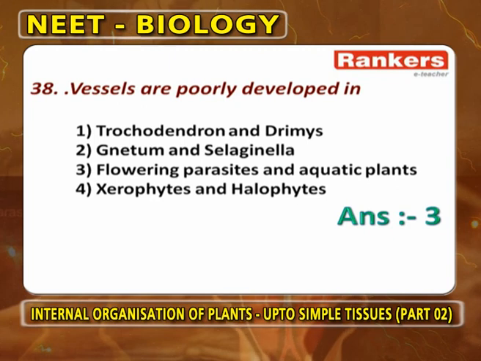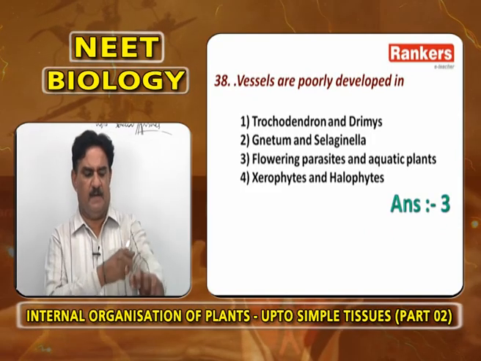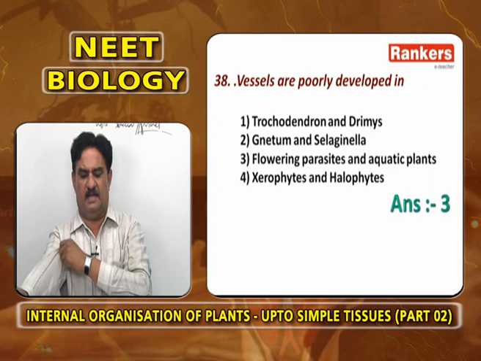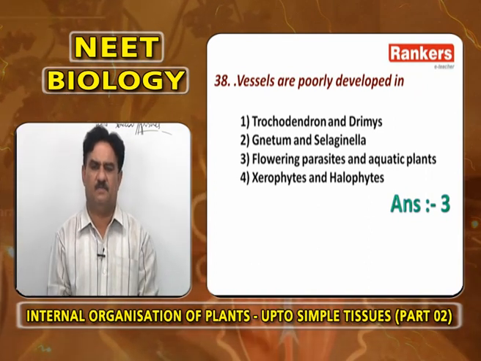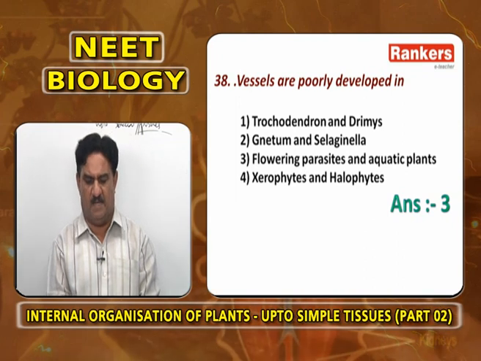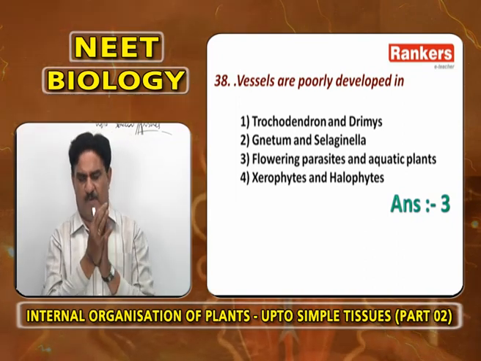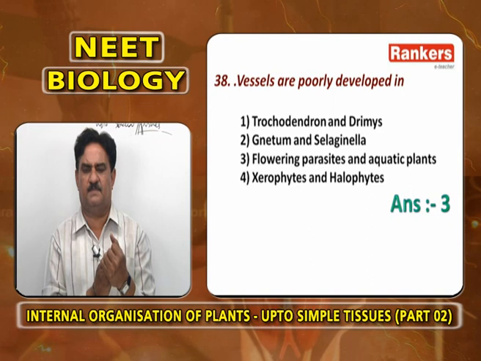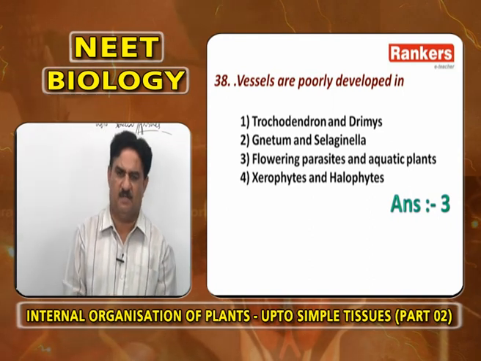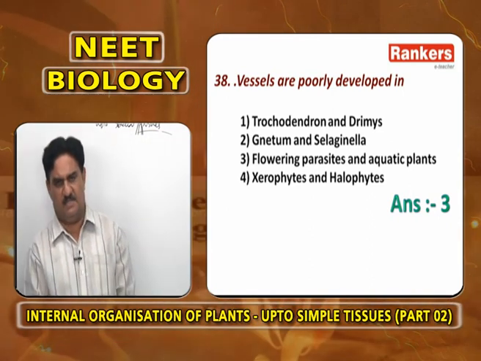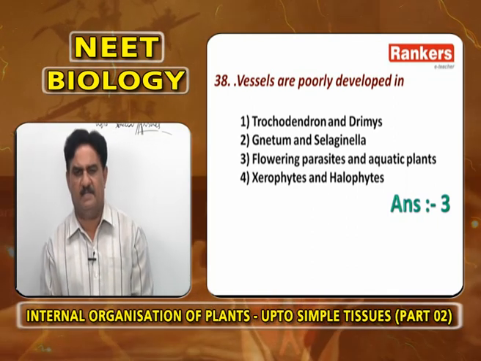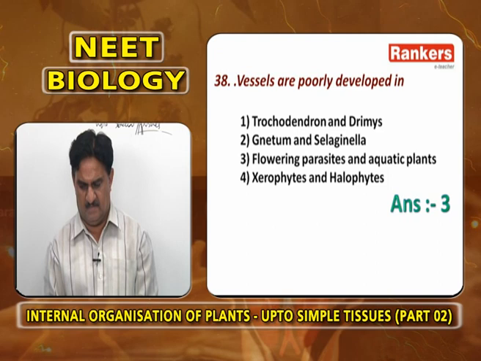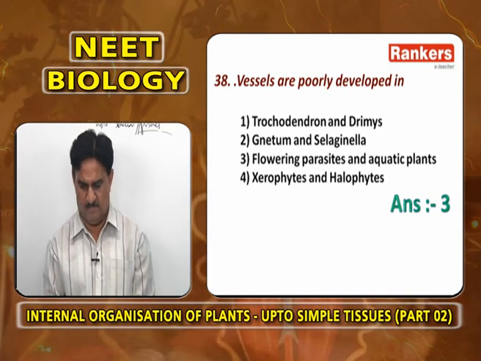Xylem vessels are poorly developed in flowering parasites, complete parasites and aquatic plants. In parasites the plants depend on the host and collect food through haustoria, so there is no necessity of xylem. An aquatic plant itself lives in the water, and water is absorbed by the general body surface by diffusion. They also do not require any xylem vessel. So, xylem vessels are poorly developed in flowering parasites and aquatic plants. Answer is 3. Next.